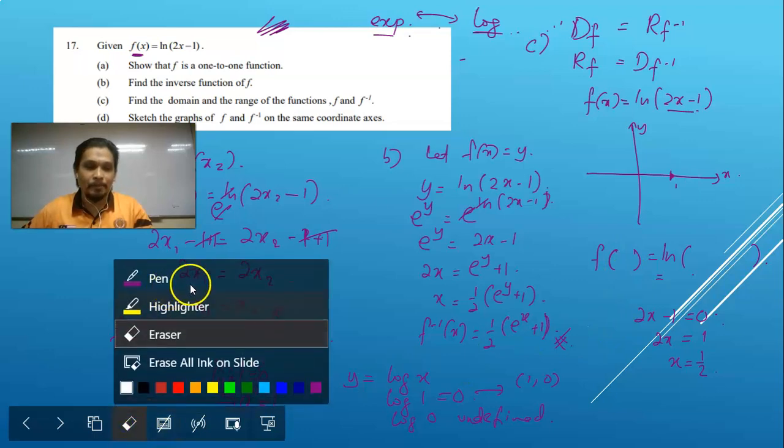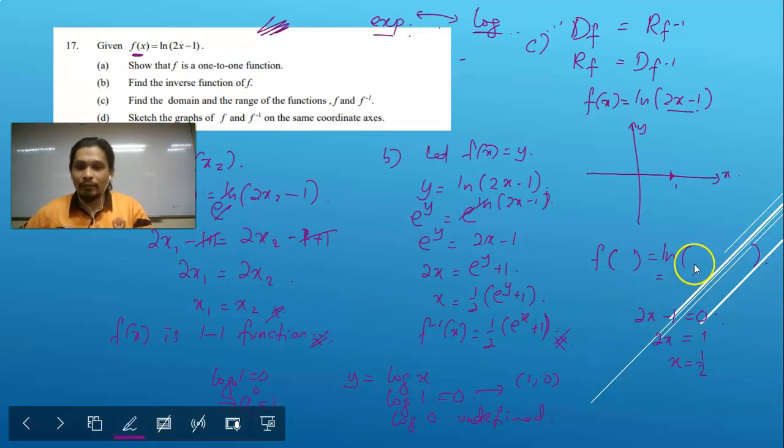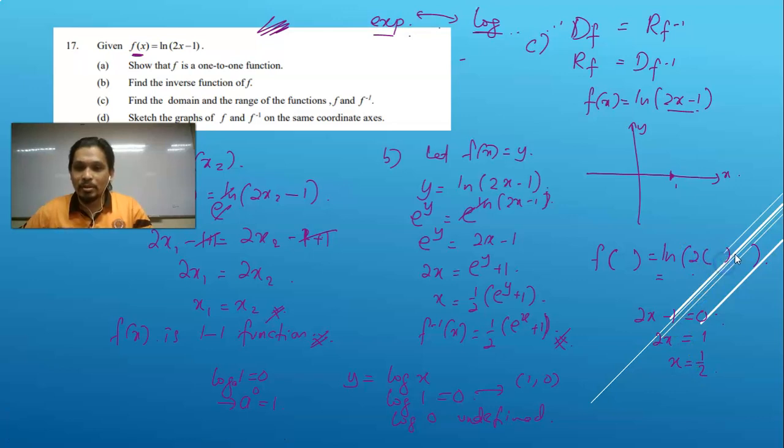Okay, let's say I substitute x equal to half, 1 over 2 here. 2 times half equal to 1. 1 minus 1 equal to 0. So natural log of 0 is undefined. When x equal to half, the whole function is undefined, so this is what we call the vertical asymptote.